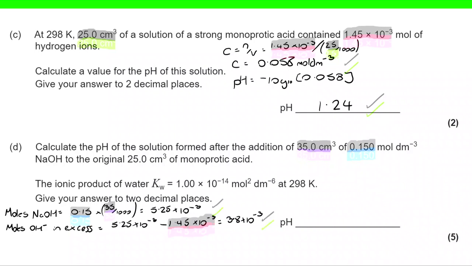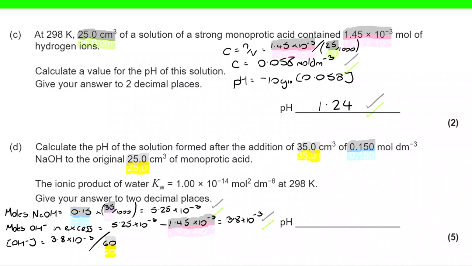Now if I'm reacting OH minus against H plus, I know that I started with 1.45 by 10 to the minus 3 moles of hydrogen, so I've got an excess of OH minus ions, and I can work out the excess. It comes to 3.8 by 10 to the minus 3. I also now have a new volume because I've put 2 solutions together.